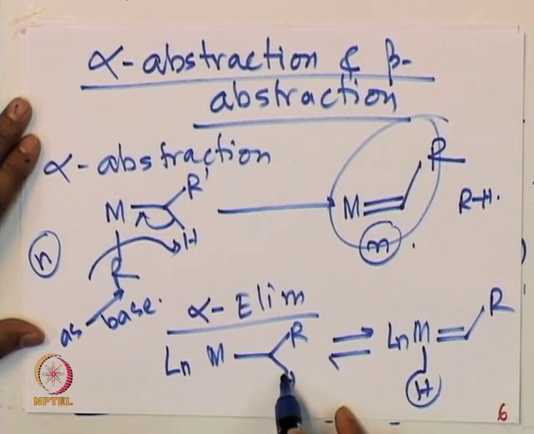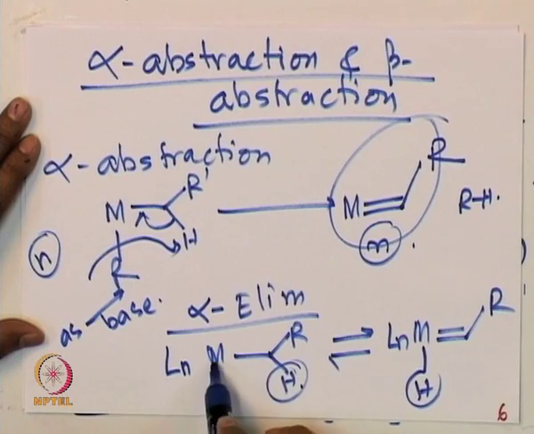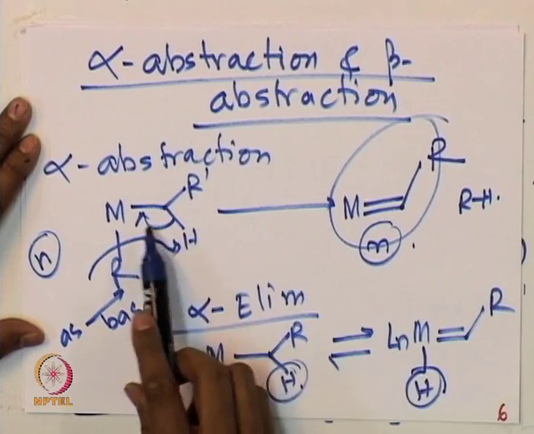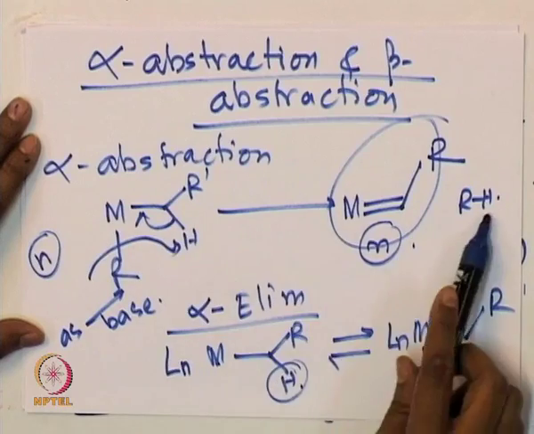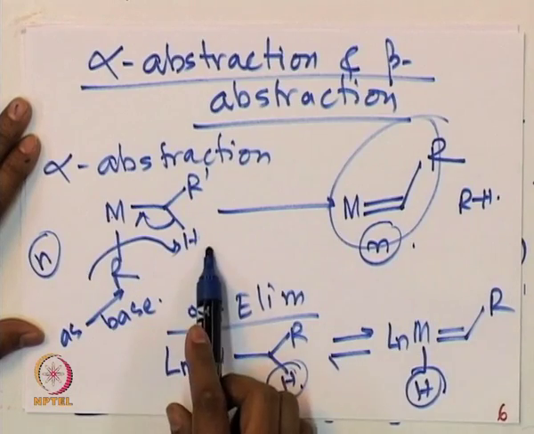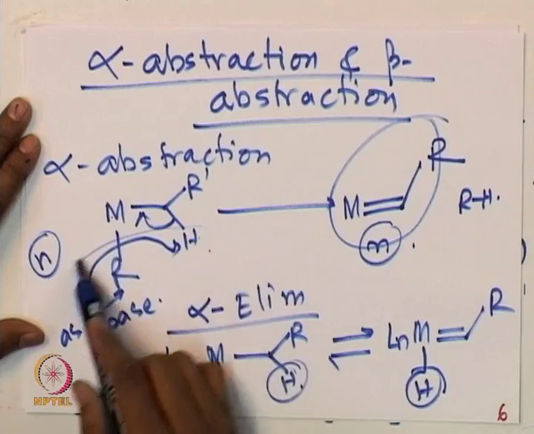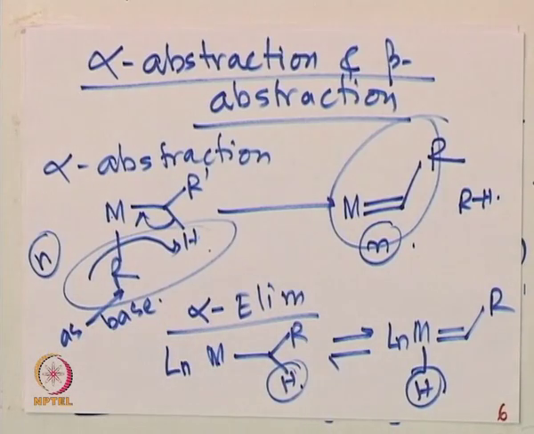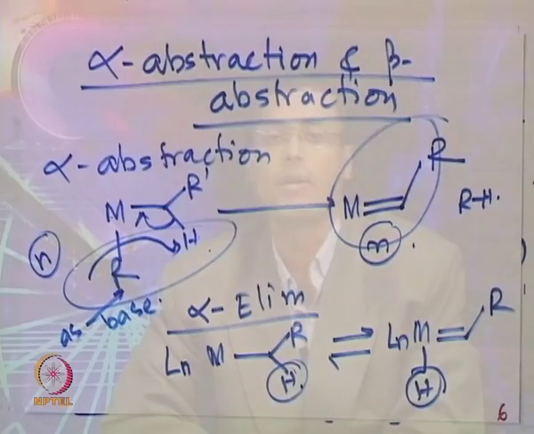So, this alpha position hydride is moving to the metal. In the abstraction case, there is no association of the hydride with the metal center, so it directly comes out as RH. So, as you can see, there is a very subtle difference between this alpha abstraction and alpha elimination. You have seen the example.